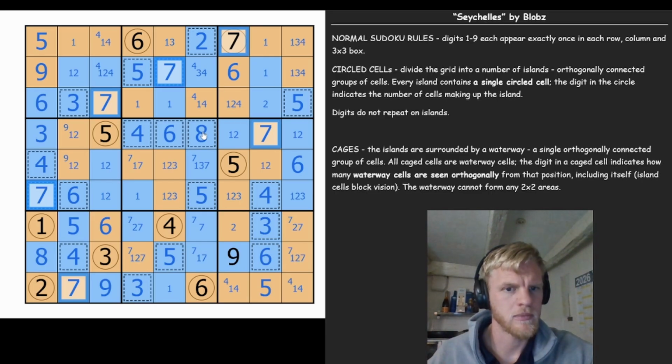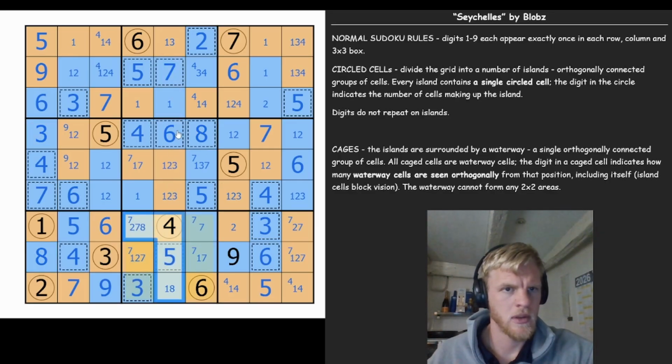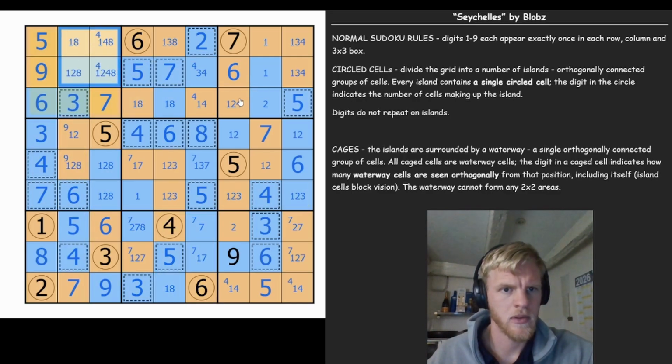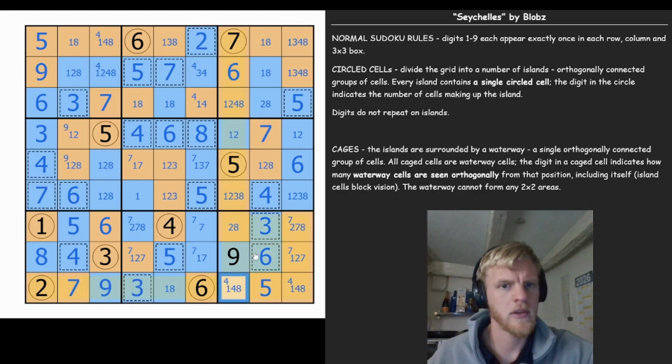8. In here, in here, here, here, this box. Bit of restriction here, here and here.